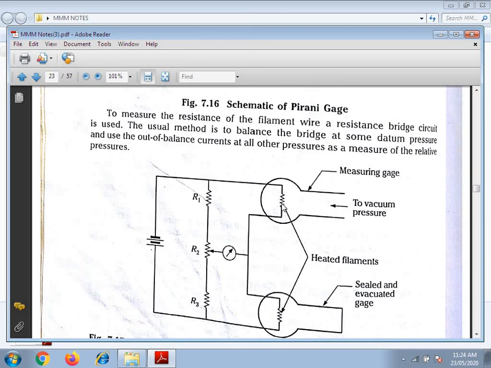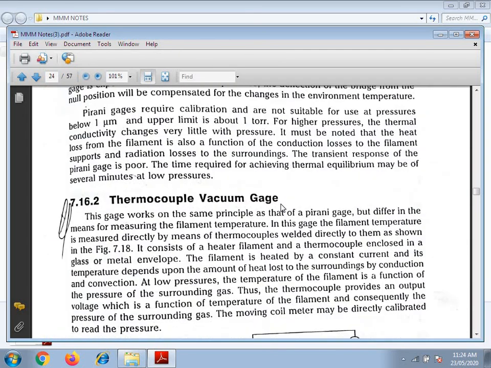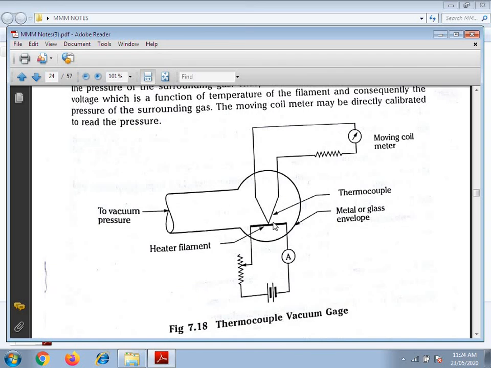Just see that also. See, this is the thermocouple, moving meter, metal or glass envelope, heater filament, this is the heater filament, vacuum pressure.